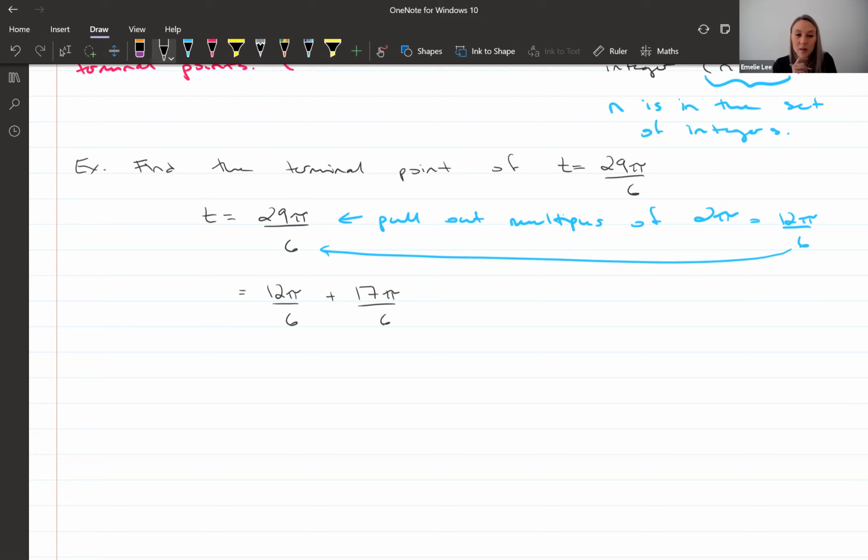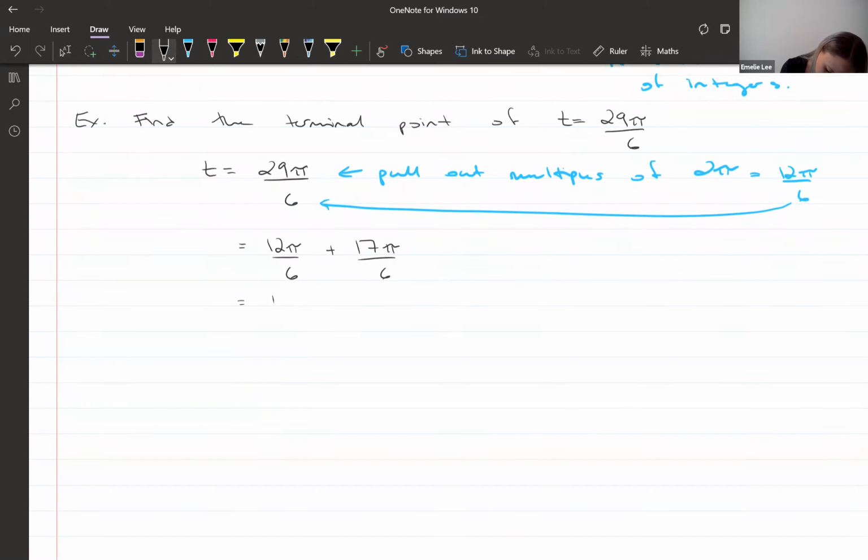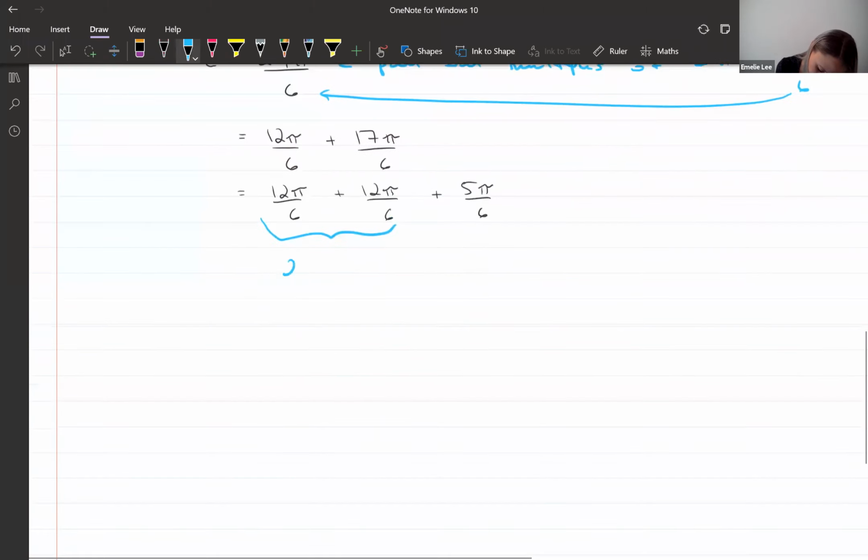Looks like I can still pull out a 12 pi, right, from 17. So this becomes 12 pi over 6 plus 12 pi over 6 plus 5 pi over 6. So here, right, I've got 2 times 2 pi.